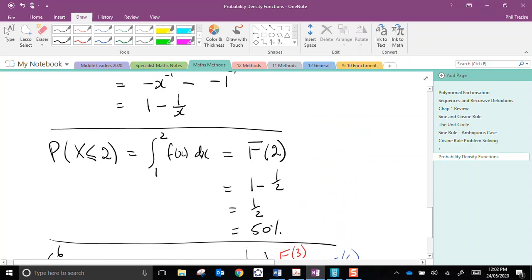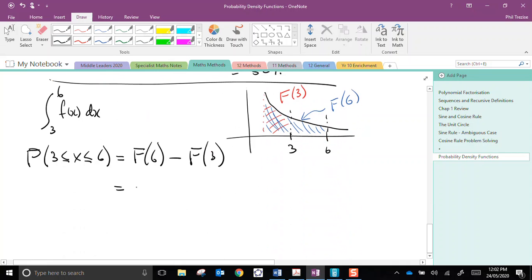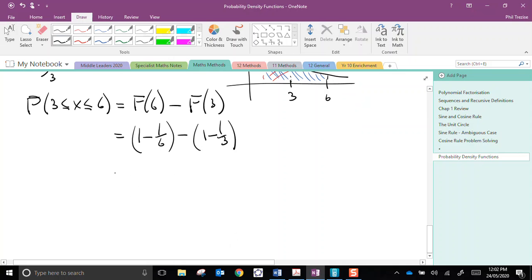Remember, the primitive function from earlier was 1 minus 1 over x. That's 1 minus 1 over 6, subtract 1 minus 1 over 3. So I'll end up with, what have I got there? 1 minus 1 over 6, that's minus 1, that's plus 1 over 3, that one and that one go.